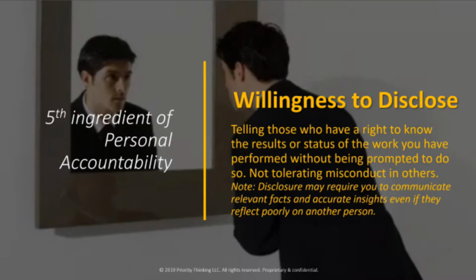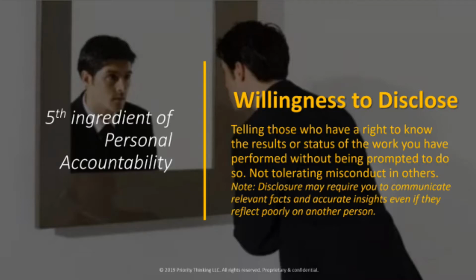So in really highly mature, high-functioning people with a high sense of conscience and accountability, they'll go tell their boss, hey boss, I want to let you know how this is going. We had a problem. You're not going to see it on the profit and loss statement this month, but it's going to show up in a couple months. Here's what happened. I didn't want you to be surprised. Oh, by the way, I took the initiative to start a problem-solving process, and we're working on it.